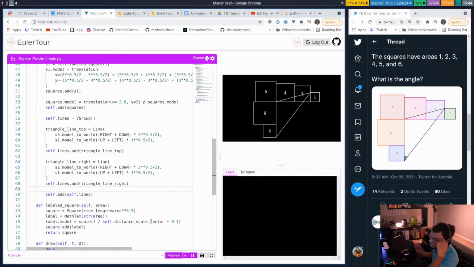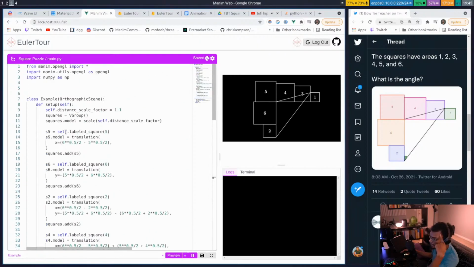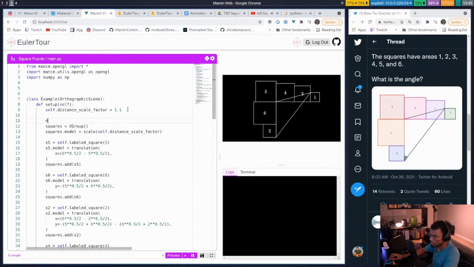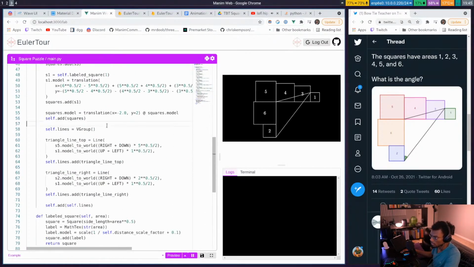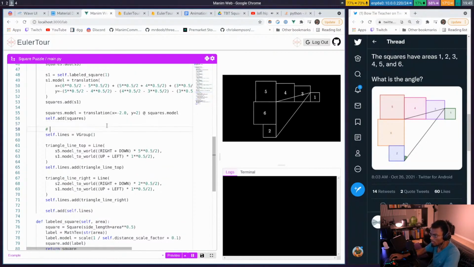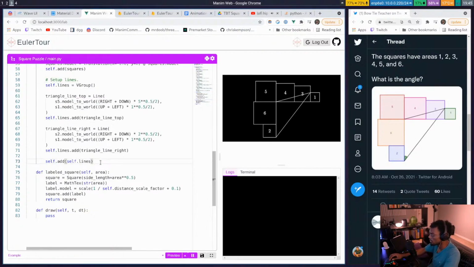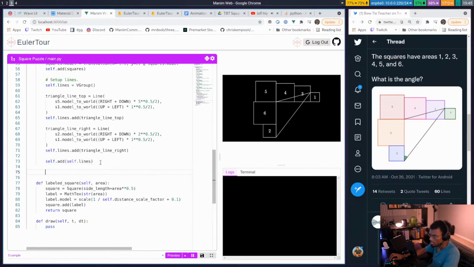So I have code for labeling an angle already. I'll just label this like set of squares. Set of lines. And then they add the angle.